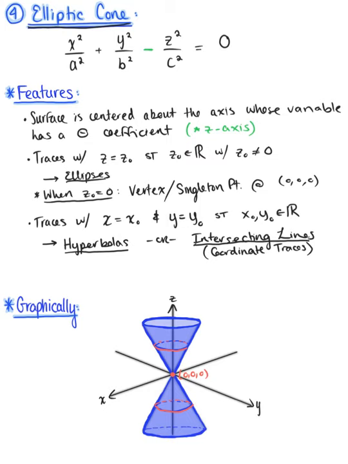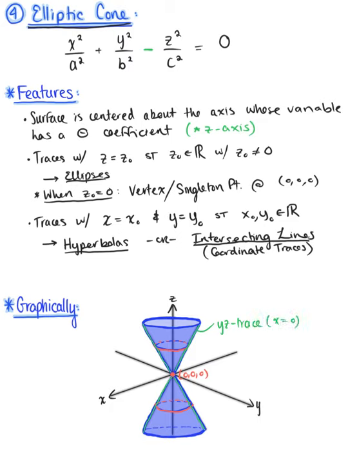And now we want to think about the coordinate traces in the yz plane and the xz plane. So for the yz plane, here are the intersecting lines. So these are the yz traces. And of course, we will call it yz traces when x is 0.